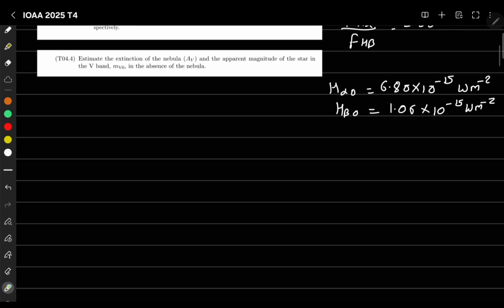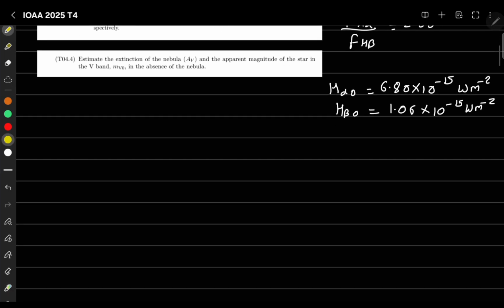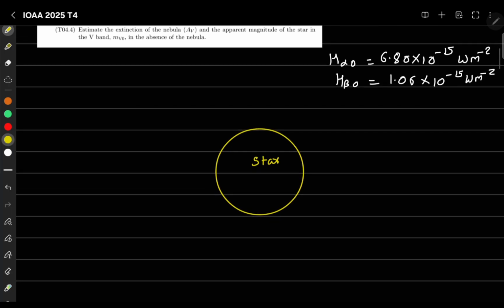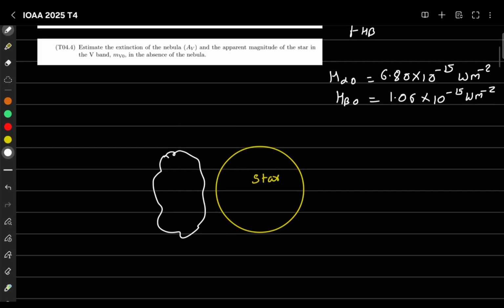So what does this question represent? Let's picturize it. There's a star, and there's a nebula surrounding it. A nebula is just a cloud of gas and dust.